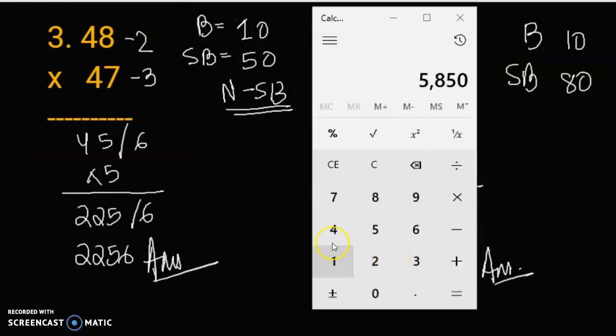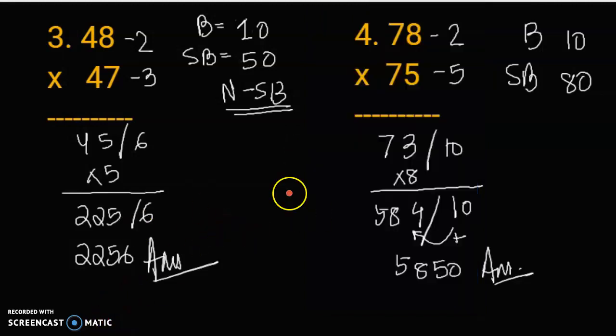Similarly, in question number 3, we have the numbers to be multiplied 48 times 47, and our result is 2256. Let us check our result, 2256. So I hope you have understood the steps that I have been explaining so far.